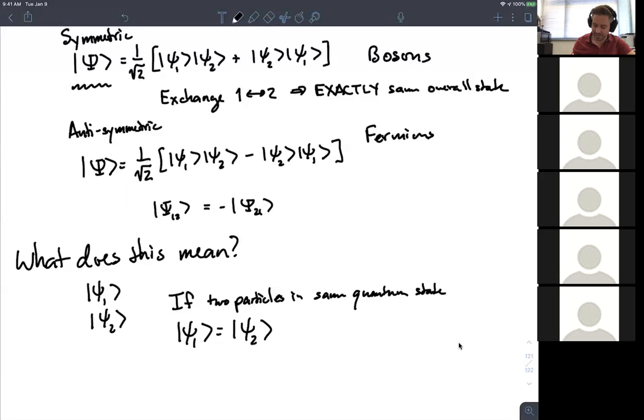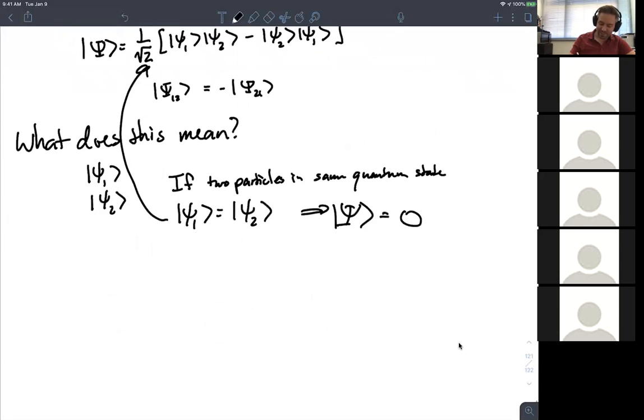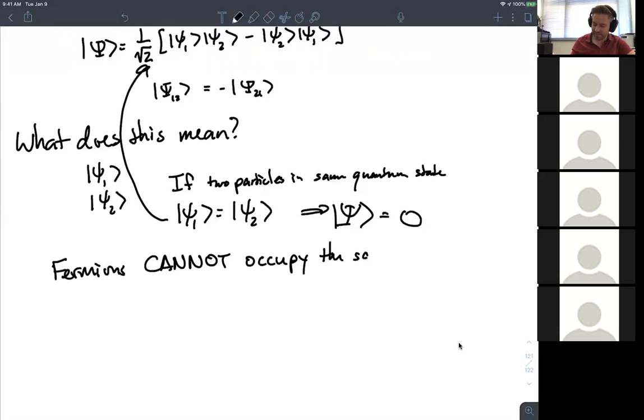And you can see that if you take this and plug it in here to the general expression for an anti-symmetric multi-particle fermion wave function, you get 0. In other words, it cannot happen. So in other words, fermions cannot occupy the same quantum state.